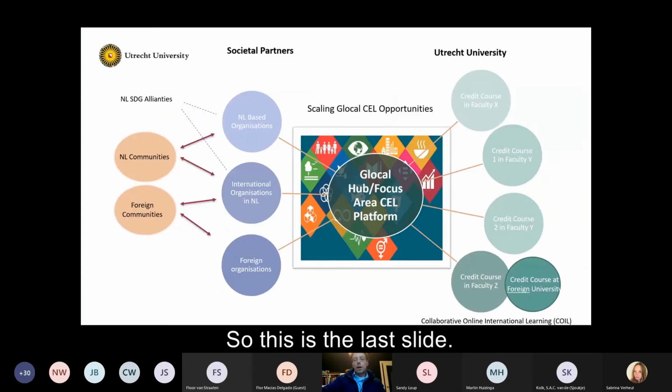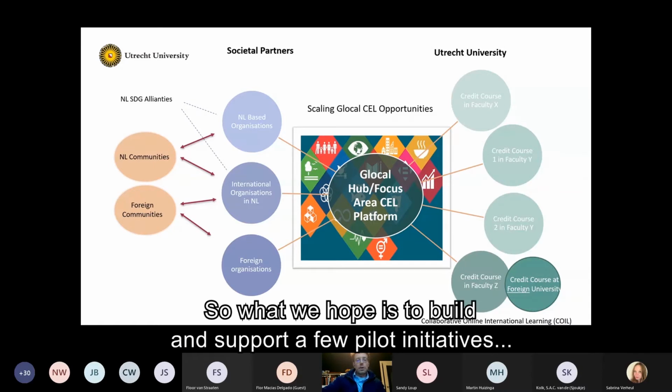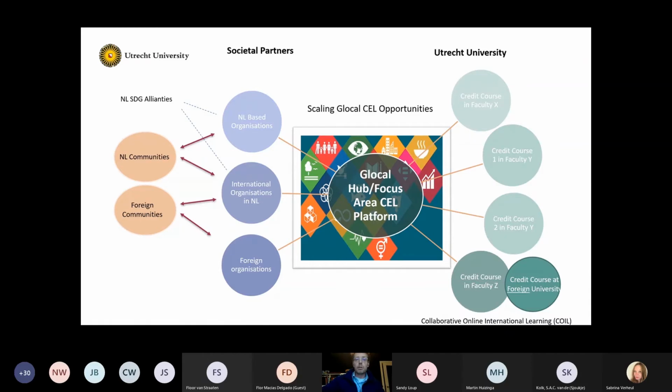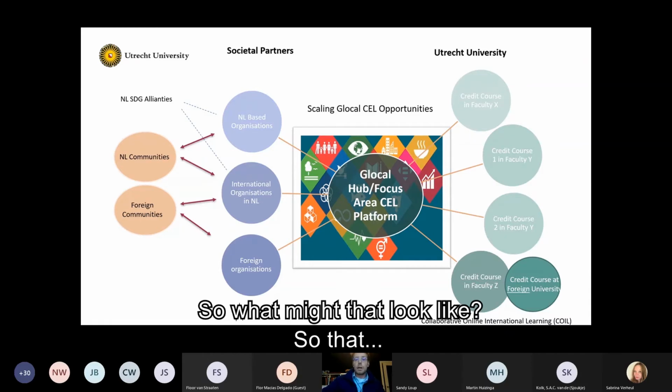So this is the last slide. So what we hope is to build and support a few pilot initiatives, platforms around 2 or 3 specific thematic areas, like, for example, migration. And so what might that look like?